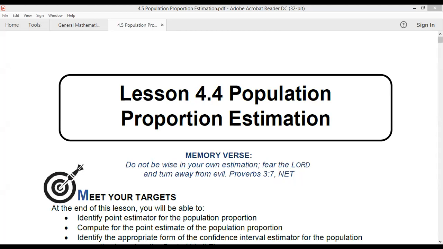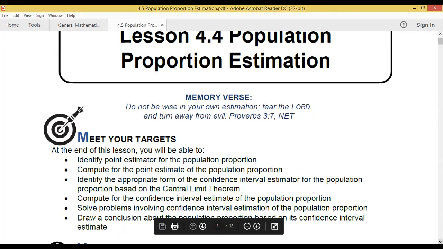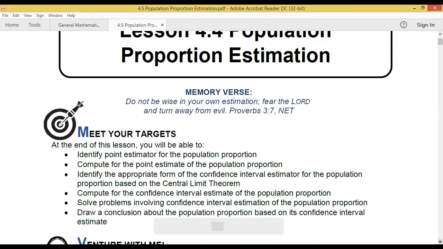At the end of our class today, you'll be able to identify a point estimator and compute for the point estimate, identify the appropriate form of the confidence interval, compute for the confidence interval estimate, solve problems involving confidence interval estimation, and draw a conclusion about the population proportion.